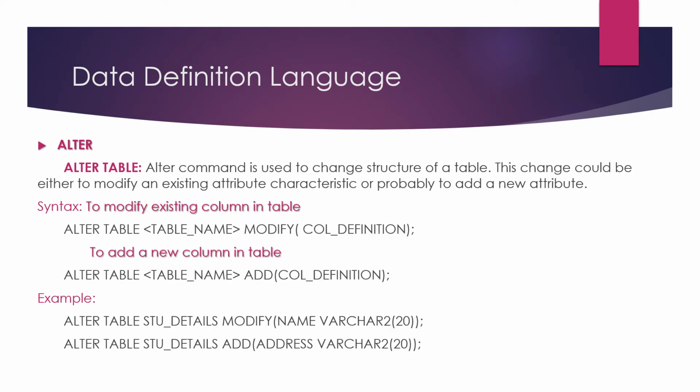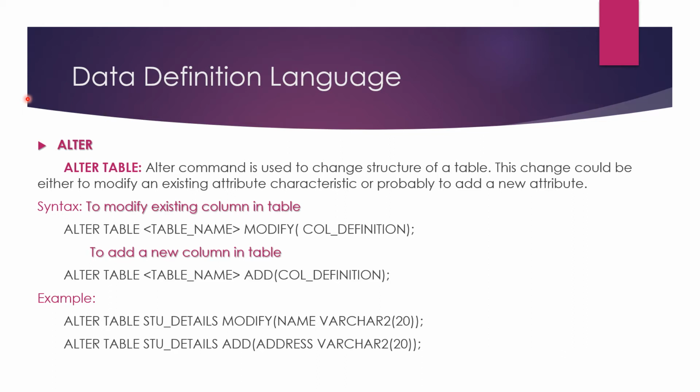The next query is alter table. The alter table command is used to change the structure of the table, and this query is used only when we want to change anything in the existing table, or if we want to add any new columns to the table.